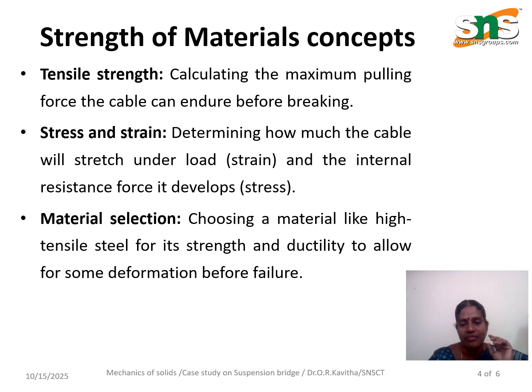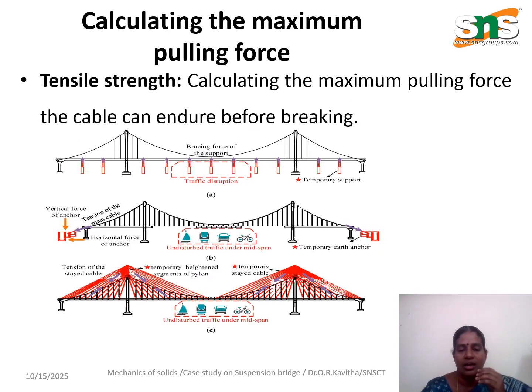Now we will see some different strength of materials concepts. The first one is tensile strength, the next one is shear strain, and the last one is material selection. We will see them one by one. Here you can see the suspension bridge, and I have given different types of suspension bridge.